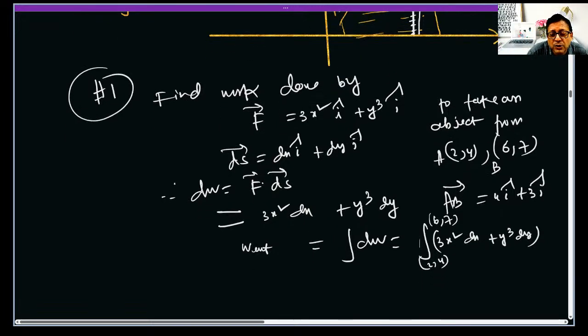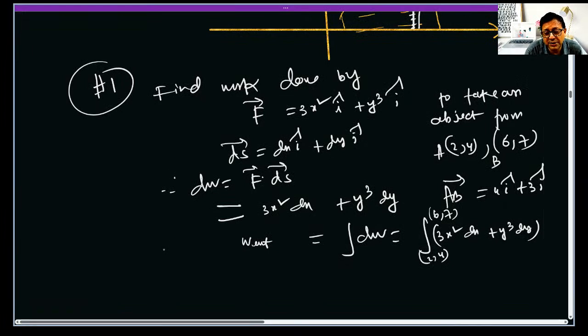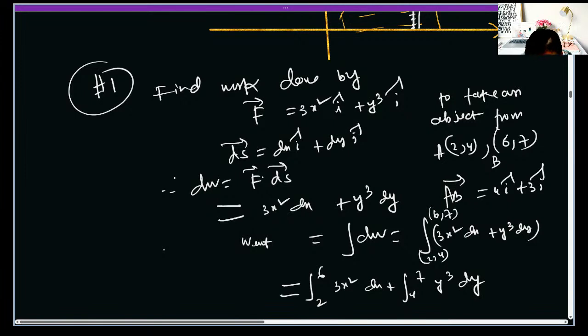Clear? So what you have to do there, you have to split. First integrand is on x, 2 to 6, 3x square dx, plus 4 to 7, y cube dy. Am I correct? Done. Now you integrate and put upper limit minus lower limit. The same concept here.